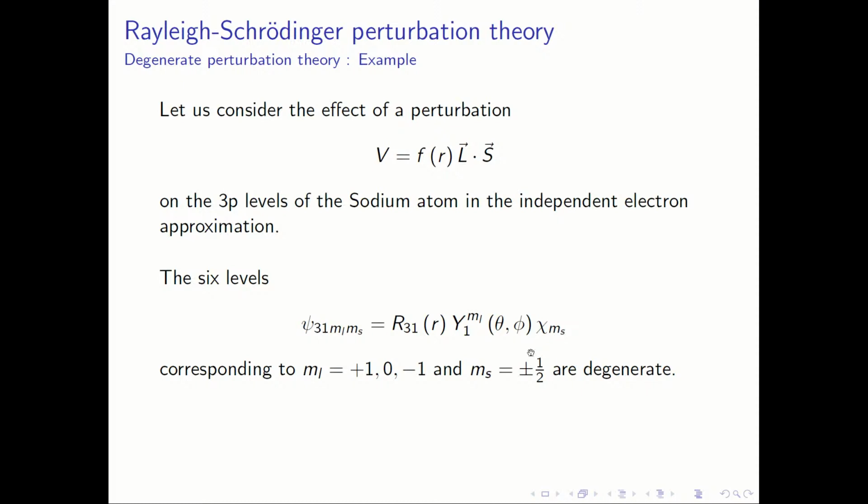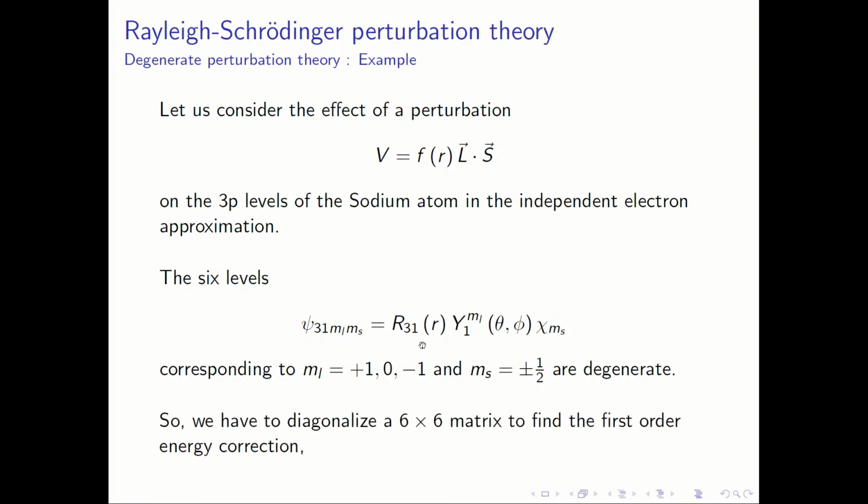And these are the forms of the corresponding wave functions, where R31 is a radial wave function that you get by solving the rather complicated problem of the electron in the Coulomb plus the screening potential. The Y1 ml function of theta phi is our familiar spherical harmonics for L equal to 1, and chi ms are the spin eigenfunctions, which of course correspond to the 2 possible spin eigenvalues, ms eigenvalues.